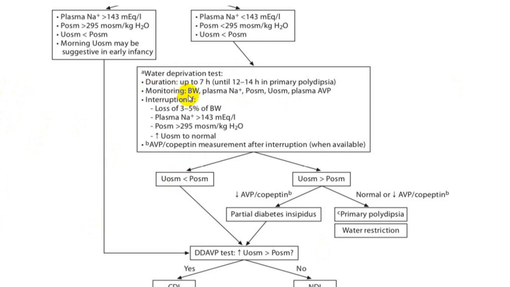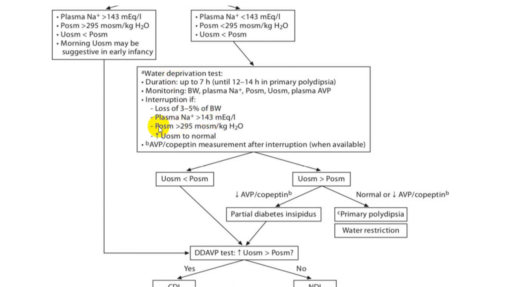You have to monitor blood volume, plasma sodium, plasma osmolality, urine osmolality and plasma ADH level. You will have to do all these things. So you try to monitor and you can interrupt if there is a loss of blood volume that is more than 3 to 5% and plasma sodium becomes more than 143.